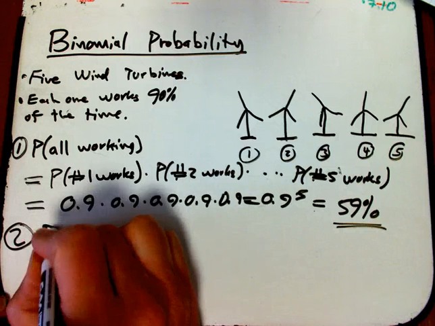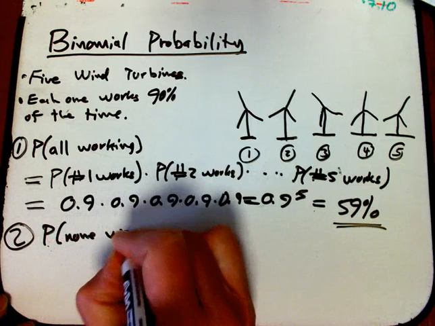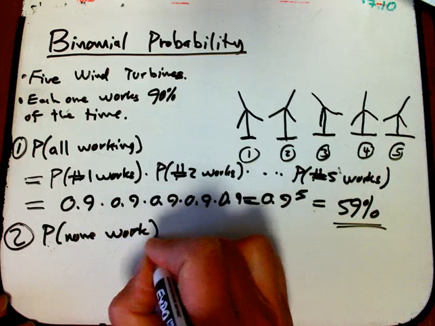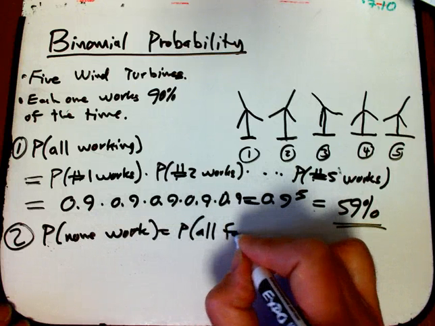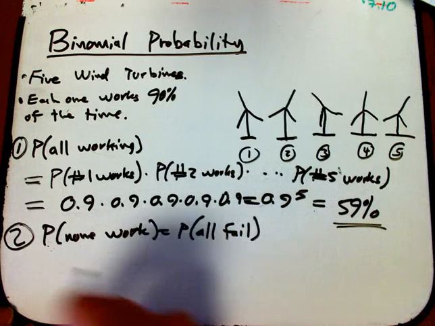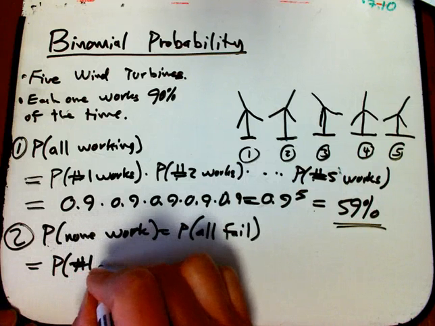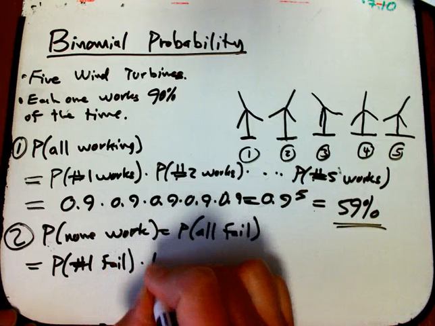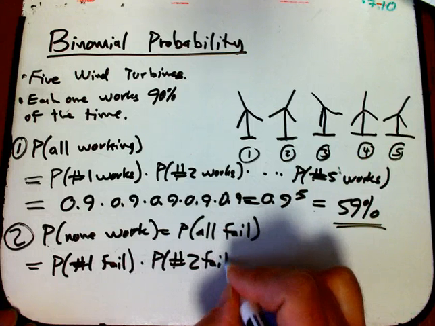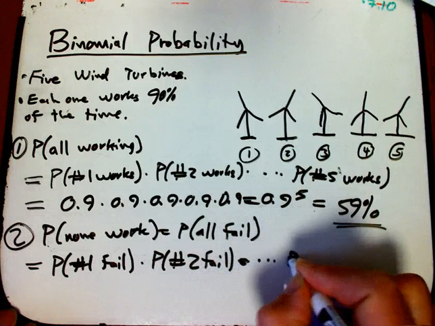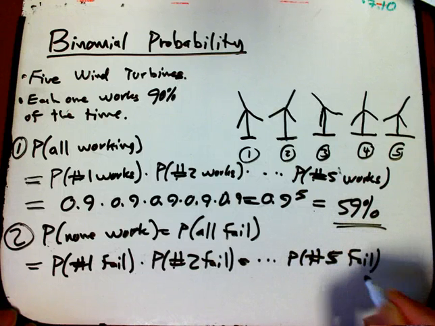The second question is, what's the probability that they all fail, or none work? It's probably best to say it more positively, in terms of they all fail. A very similar calculation: it's the probability that number 1 fails, times the probability that number 2 fails, times etc., the probability that number 5 fails.